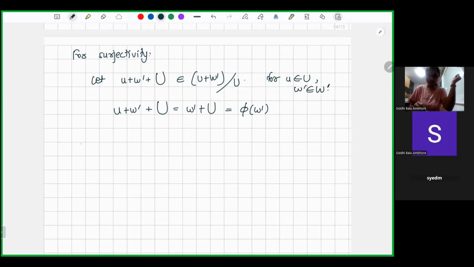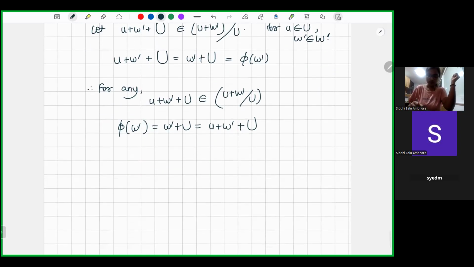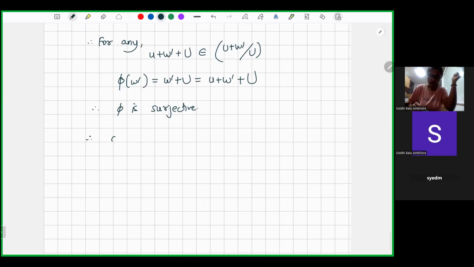So therefore, for any such U plus W dash plus U in this space, P of this will be W dash plus U, that is equal to U plus W dash plus U. So therefore P is surjective, and hence phi is an isomorphism.